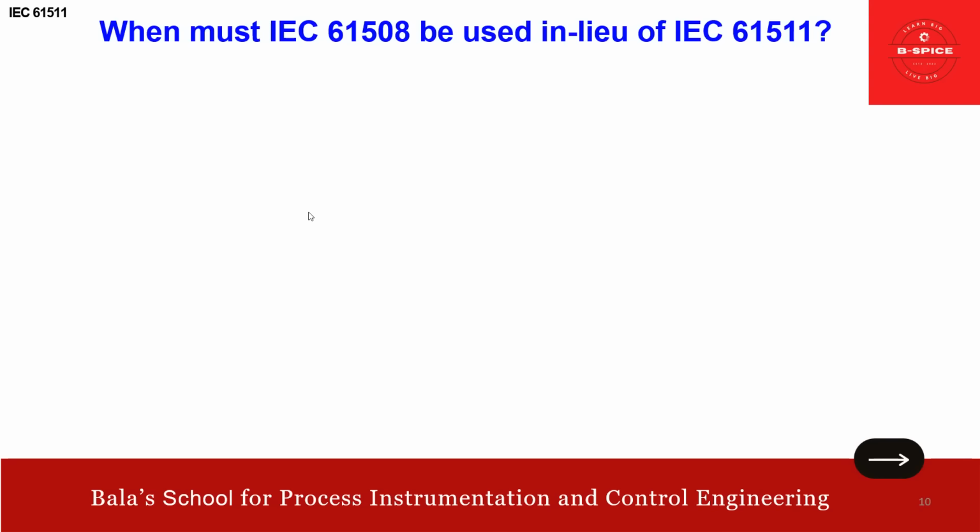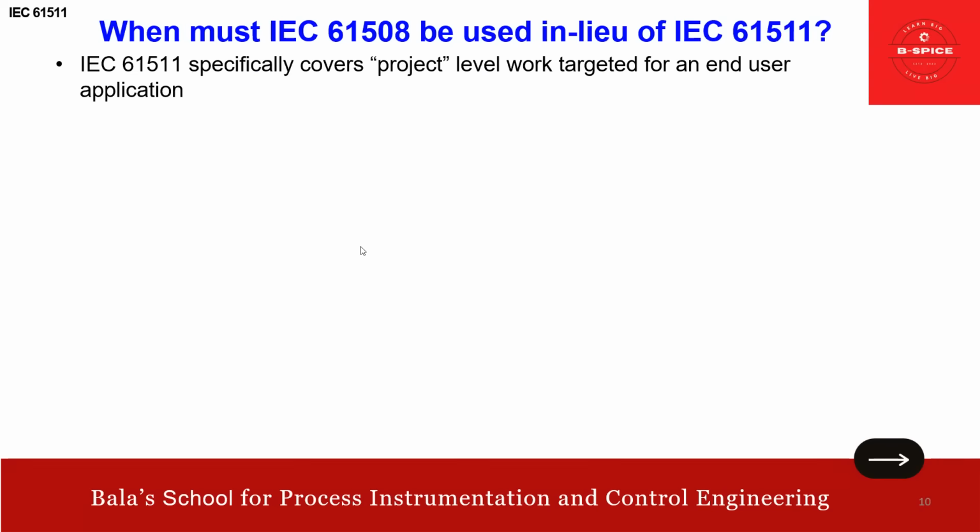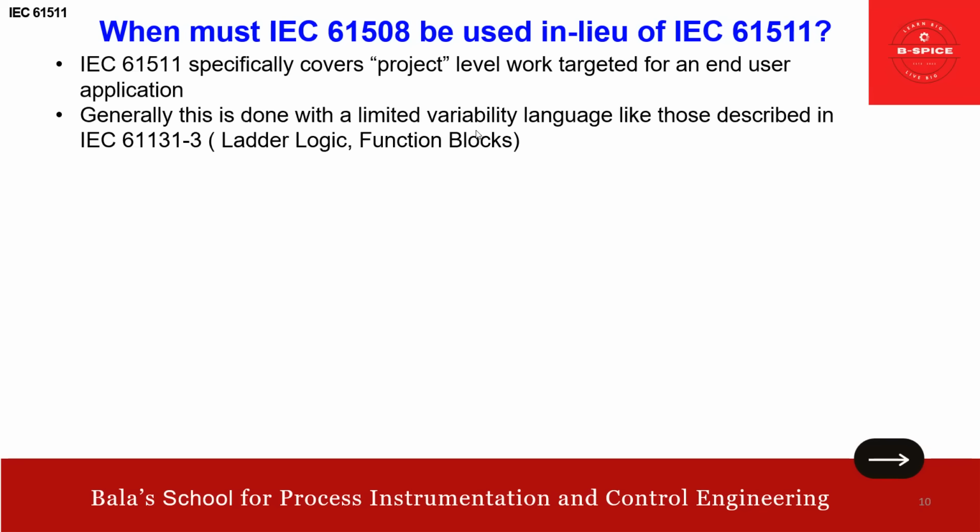Now, another important question. When must IEC 61508 be used in lieu of IEC 61511? IEC 61511 specifically covers project level work targeted for an end user application. Project, implementation part. Generally, this is done with a limited variability language like those described in IEC 61131 part 3, ladder logic and function block.